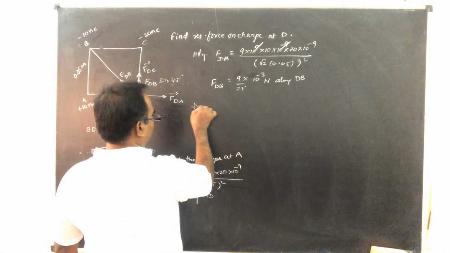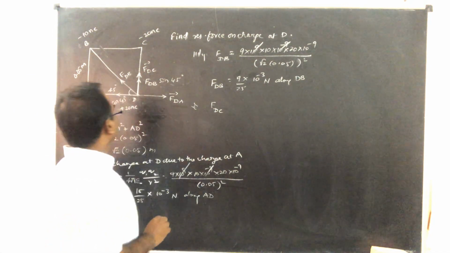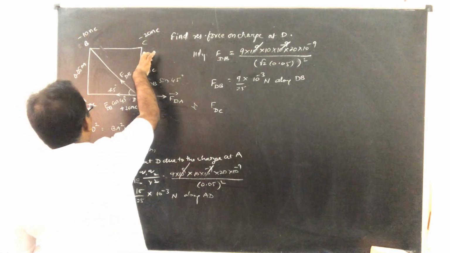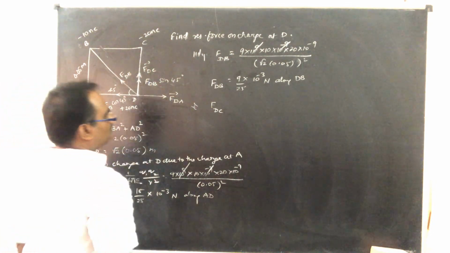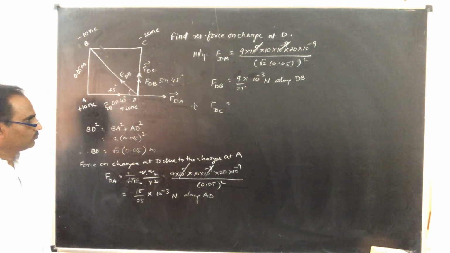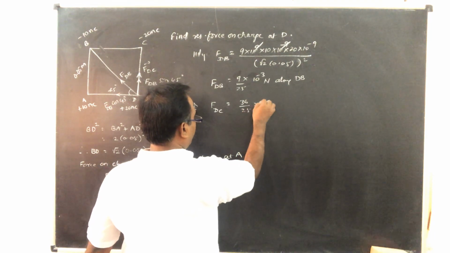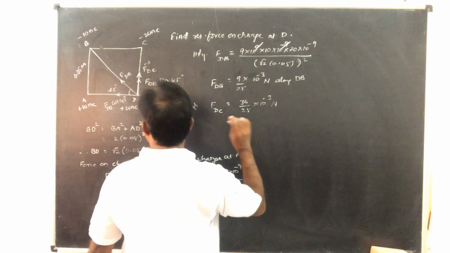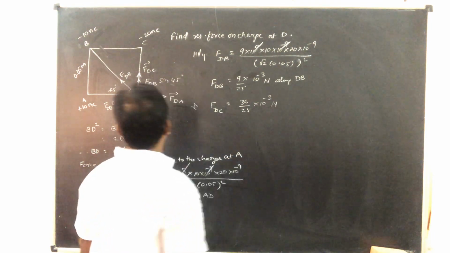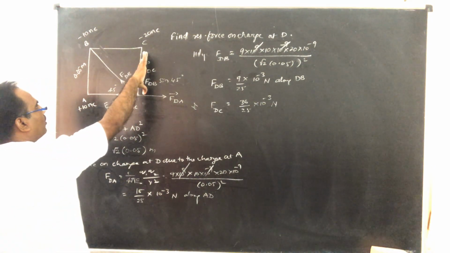In the same way, you calculate FDC, this one. If you do this calculation, you will get 36 divided by 25 into 10 to the power of minus 3 Newton, because this distance is equal.